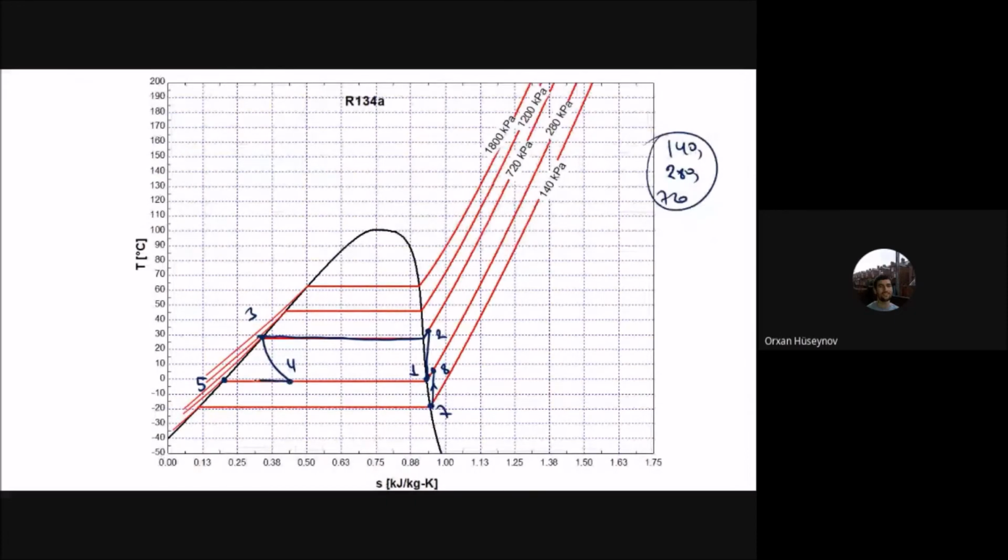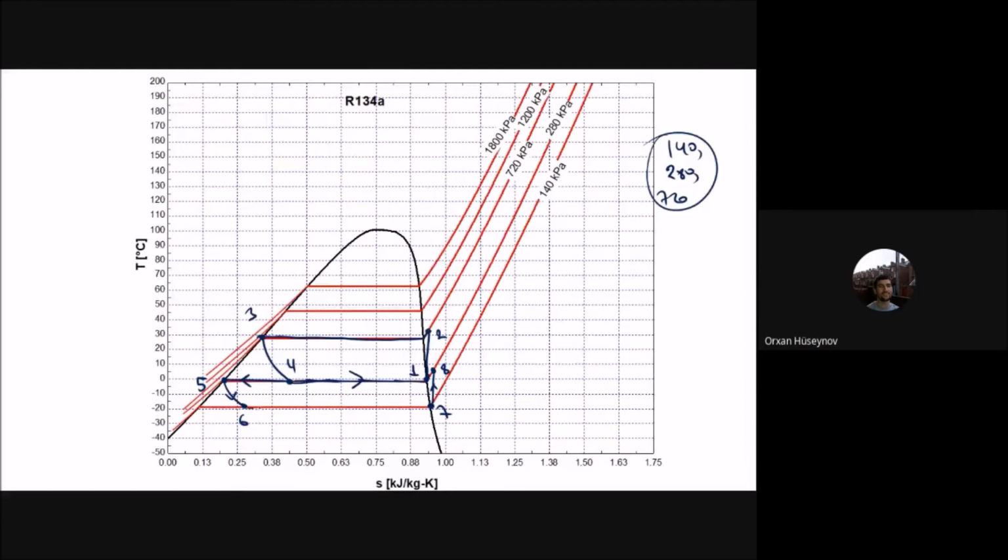One is going to that 5 here, and one is going to the 1 here. Then from 5 to 6 you have the thermal expansion valve again.